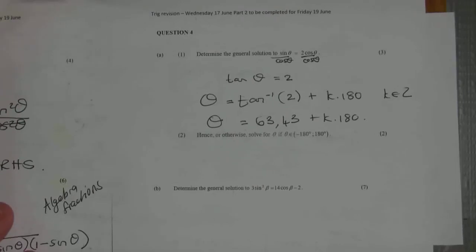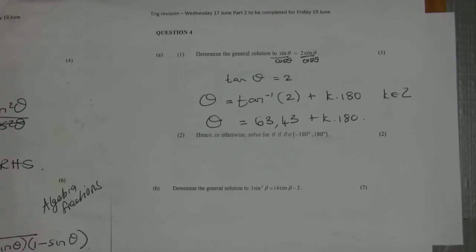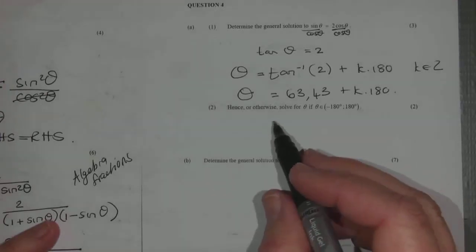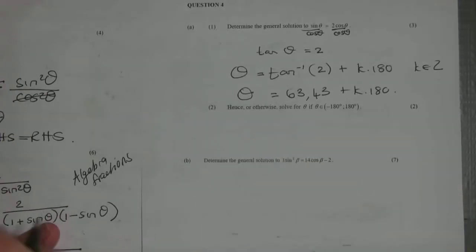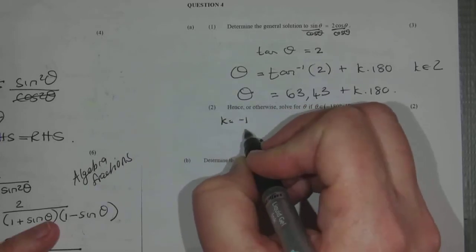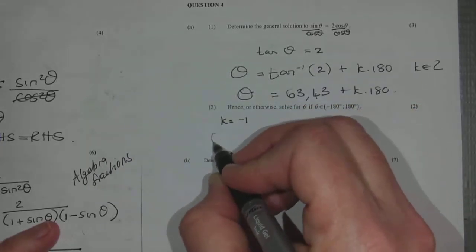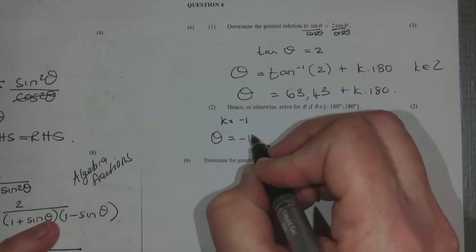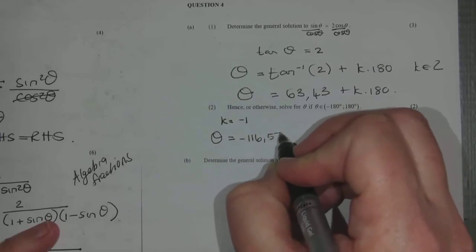Remember, I snipped it from a question paper, so the instructions would have been at the front. Now find values for theta. So that means go substitute k. So if I substitute k with -1, I did it to save some time, theta works out to be minus 116,57.